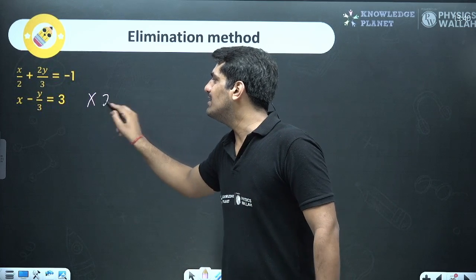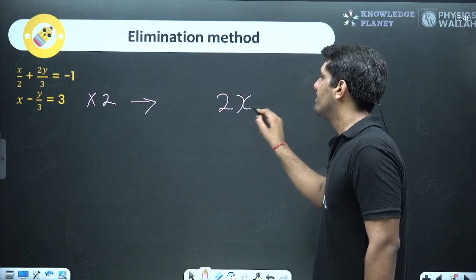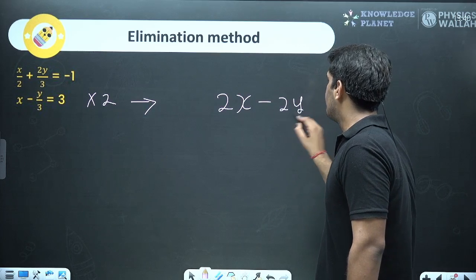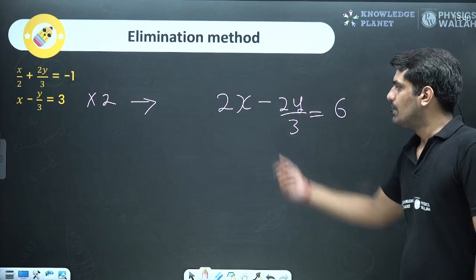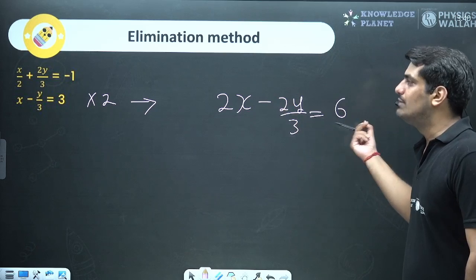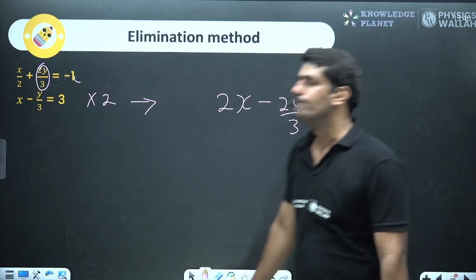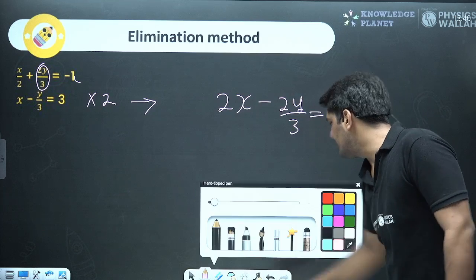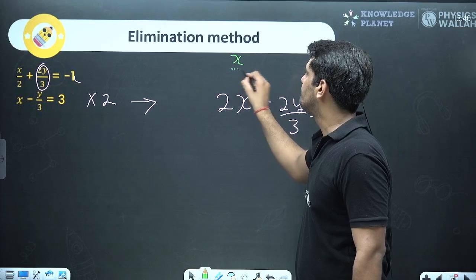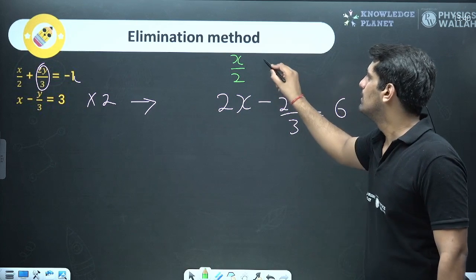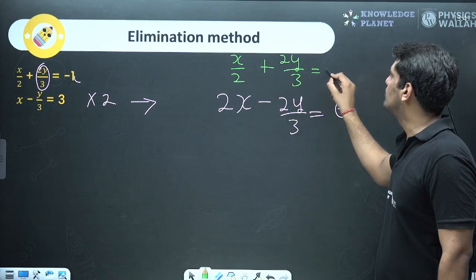So let's start doing that. Multiplying this equation by 2, what will we be getting? We will be getting 2x minus 2y upon 3 equals 6. Now, this is the same as this one. Let me write the first equation. First equation is x by 2 plus 2y upon 3 equals minus 1.